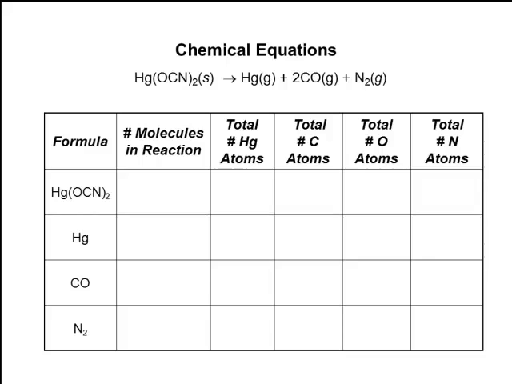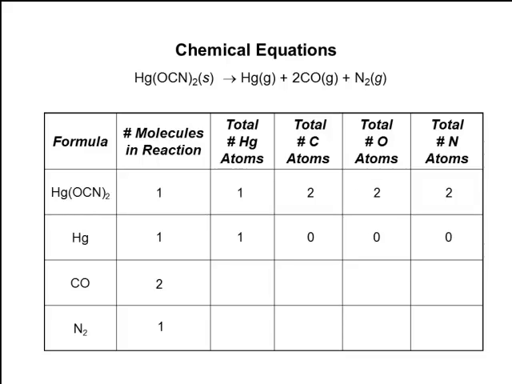All right, so what does this do in terms of our total number of atoms? Well, for the first formula times the molecules, we have one mercury, two carbons, two oxygens, two nitrogens. For the mercury times the 1, we just get one mercury atom. We have 0 carbons, 0 oxygens, 0 nitrogens from that.